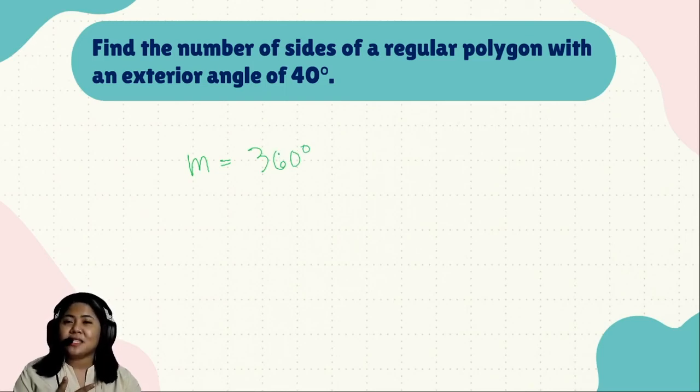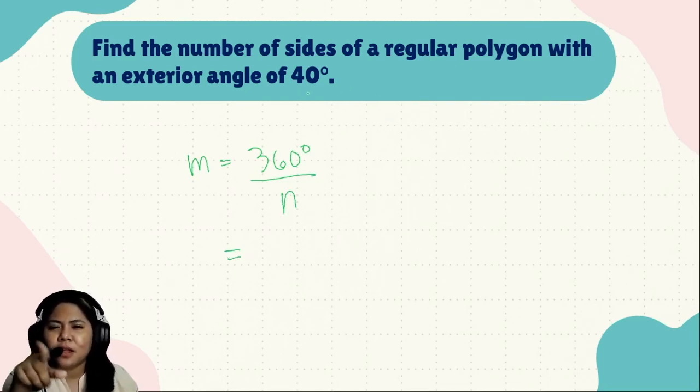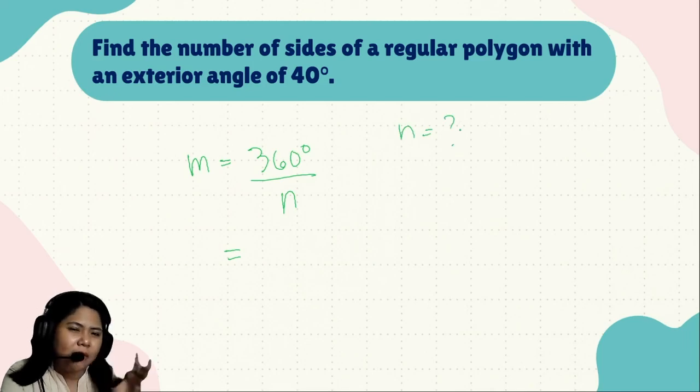And to get the measure of each exterior angle, all you have to do is to divide it by the number of sides. So, sa case na to, ang hinahanap, find the number of sides of a polygon with an exterior angle of 40 degrees. So, ang nawawala is si n. Laging tandaan niyo, pag ang nawawala is si number of sides, that's the value of n.